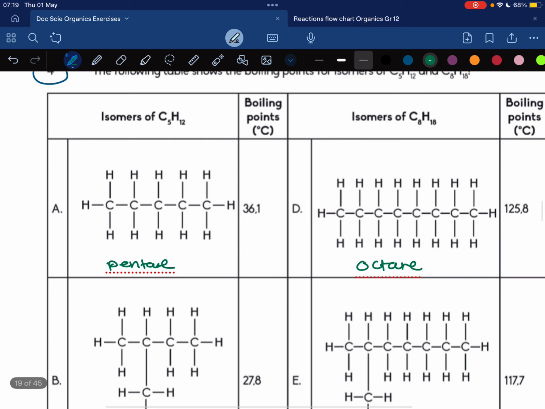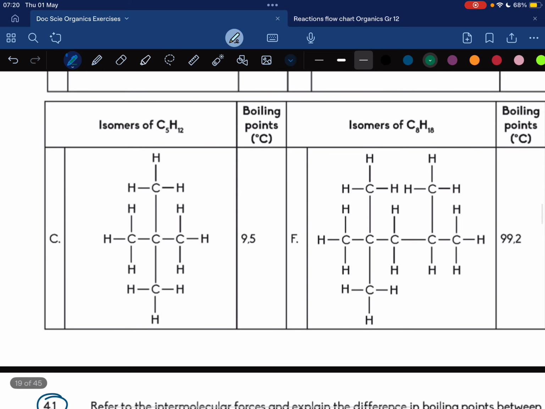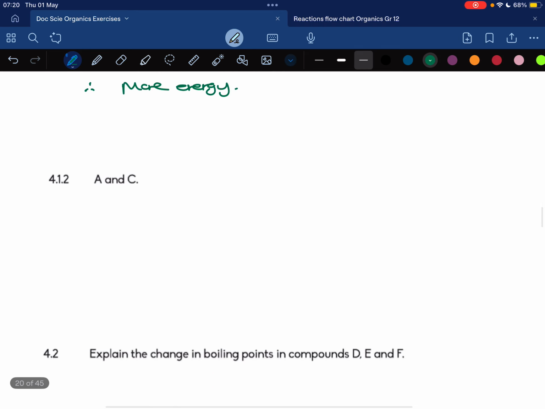So C is this one here. I can see the longest carbon chain is going to be 3. So I have 2,2-dimethylpropane. So I can clearly see that C has more side chains.